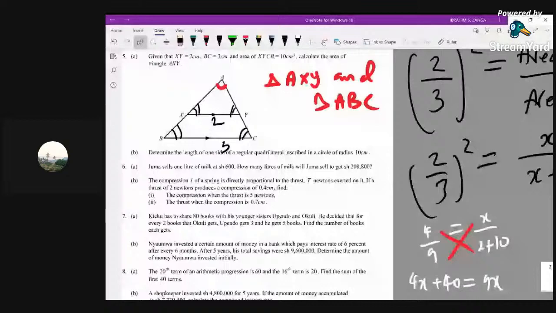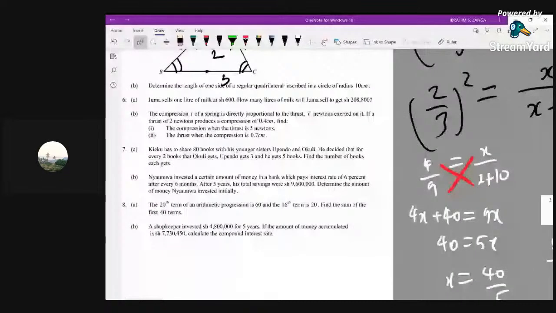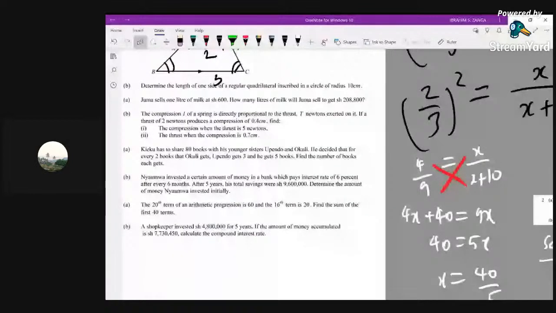And actually, you have to be very much careful, because talking of a regular quadrilateral, we are talking of a square. So determine the length of one side of a square inscribed in a circle of radius 10 centimeters.